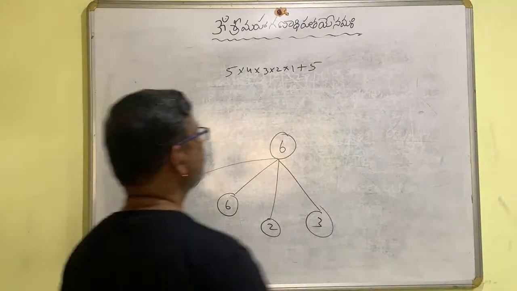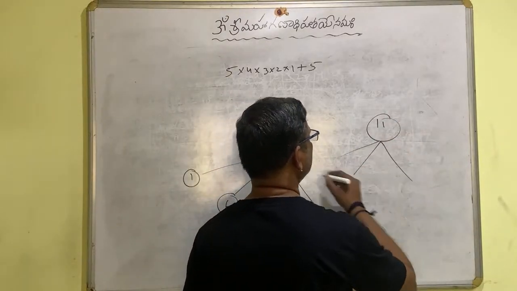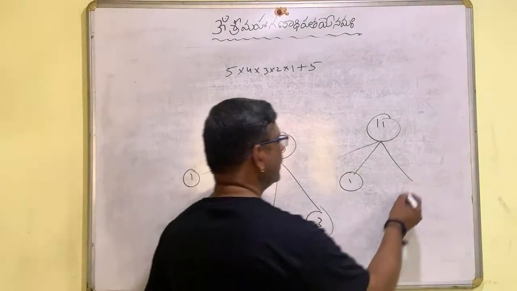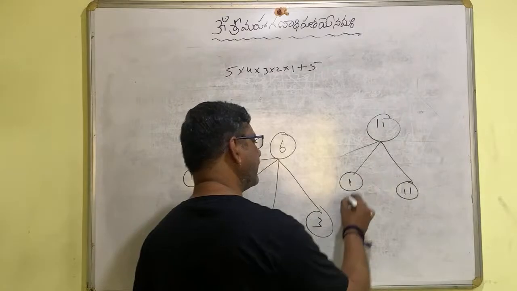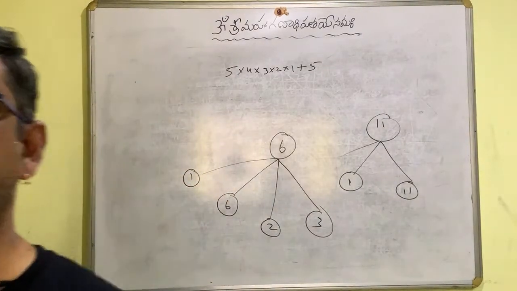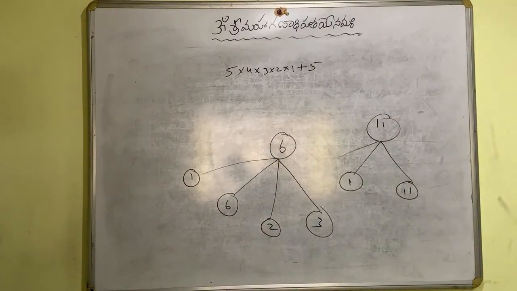Now if I consider 11, 1 is a factor of 11 and 11 is a factor of 11. Is there any other factor for 11?